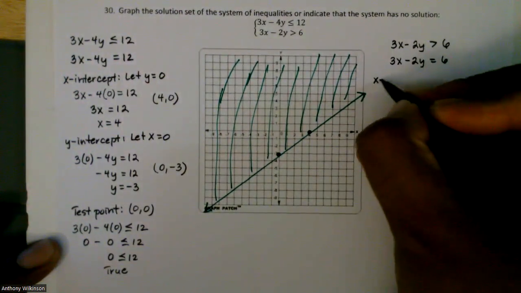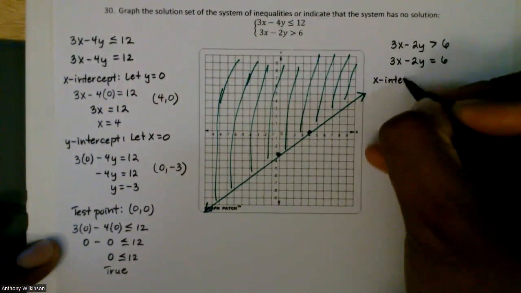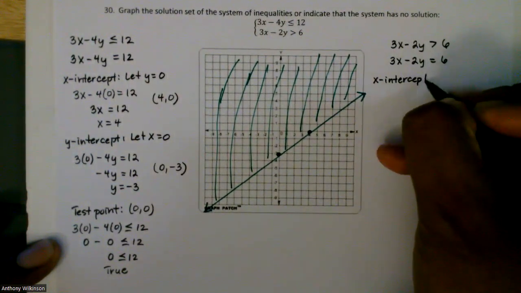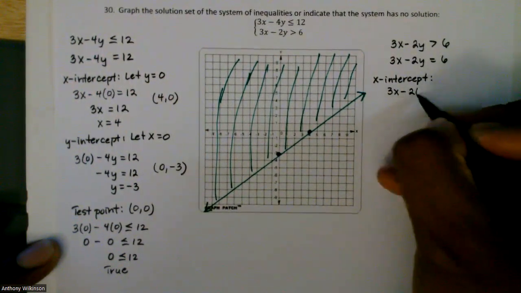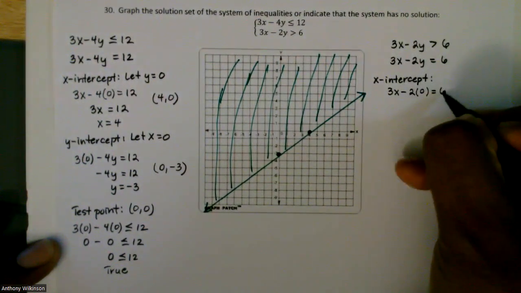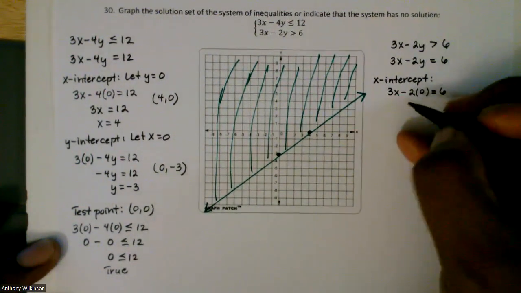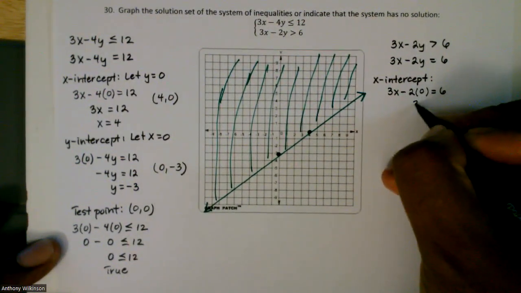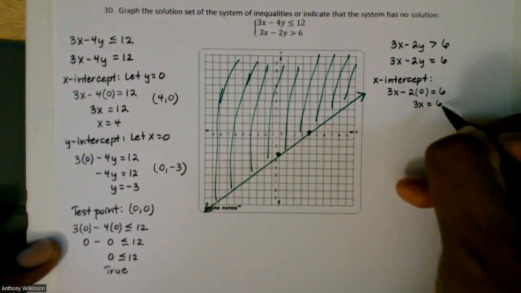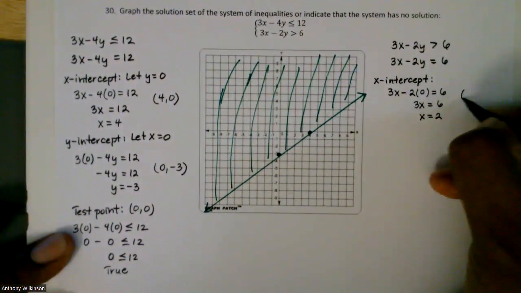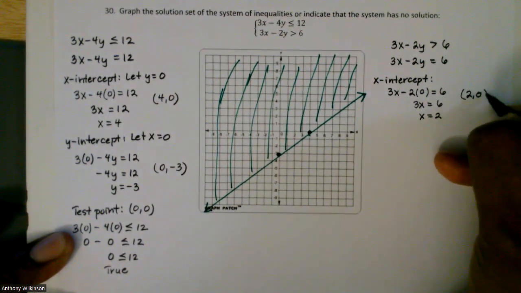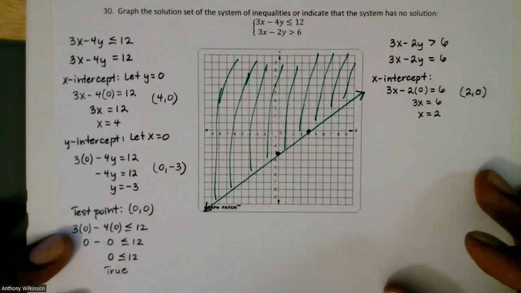So, of course, for the x-intercept, we let y equal 0 and solve for x. That means I have 3x minus 2 times 0 equal to 6. 2 times 0 is 0, so 3x equals 6. And, of course, x has to be equal to 2. So 2, 0 is my x-intercept.